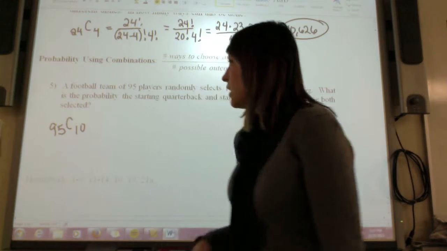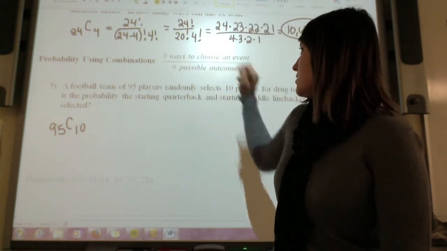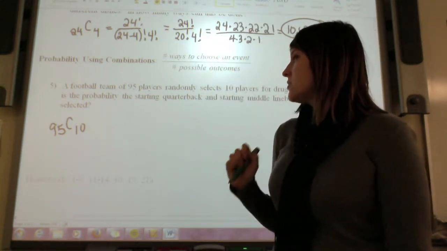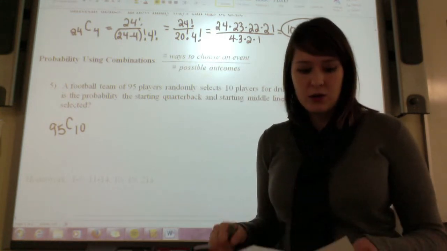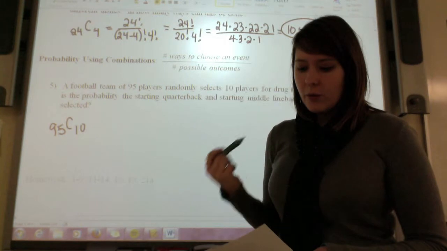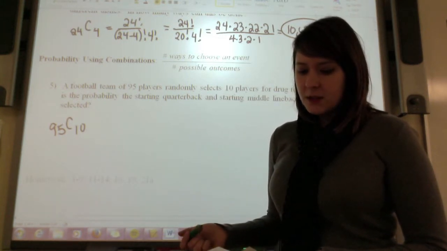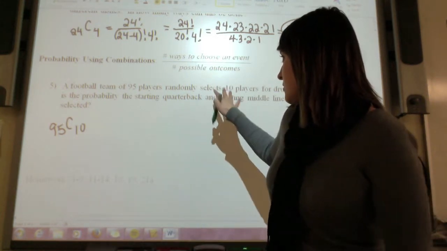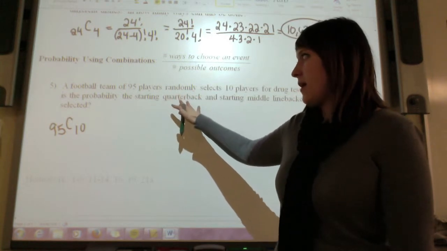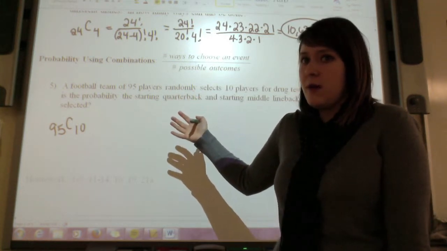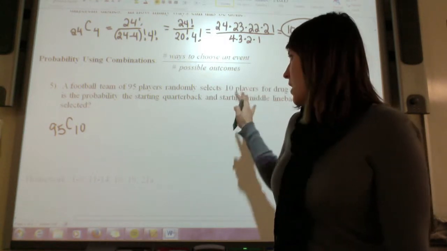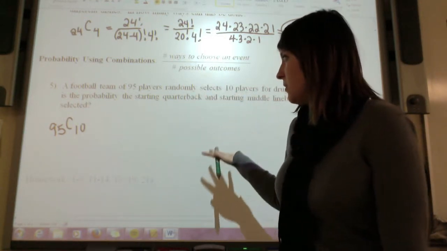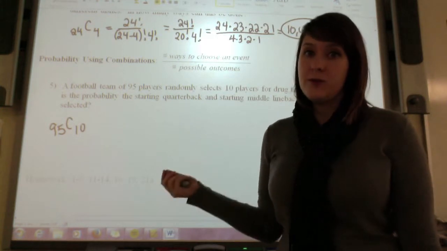Now if I want to think about the actual number of ways to choose an event, in this case, I have to choose the starting quarterback and the starting middle linebacker. Well, there's only one starting quarterback, and there's only one starting middle linebacker. So out of this group of two people, I'm choosing both of those people.